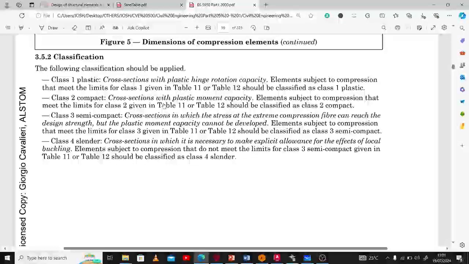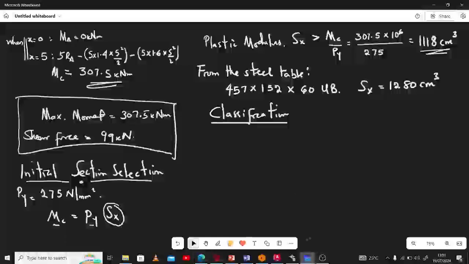So let's just go ahead with this information and do the needful. Okay, so we want to do a classification first before we go, and that classification is what I call the strength classification. Now look into your code of practice.